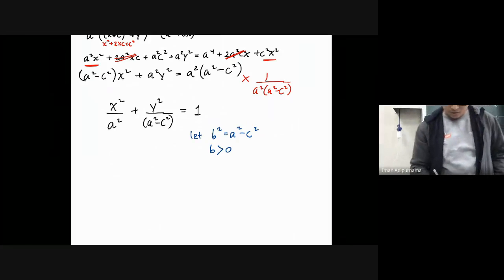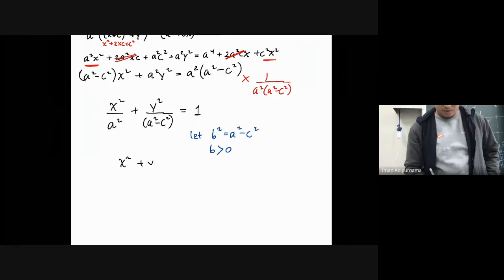So we get x squared plus y squared. And this means a is greater than b.